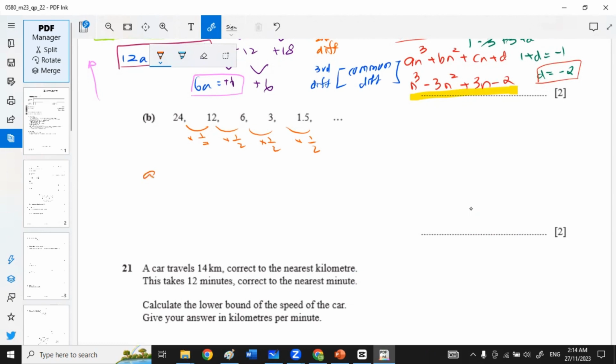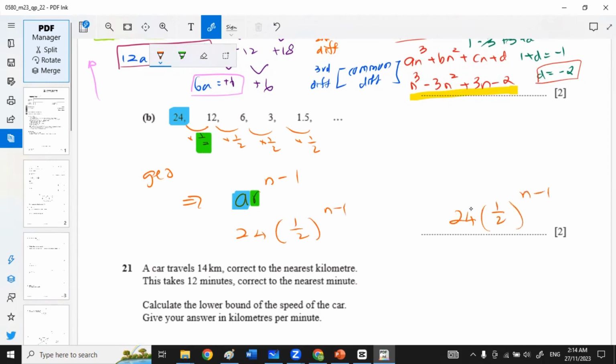So this is a geometric sequence. The n term will be A R to the n minus 1, where A is the first term and R is the common ratio. So you substitute, you should get 24 times half to the n minus 1. You can just leave your answer like this. Done.